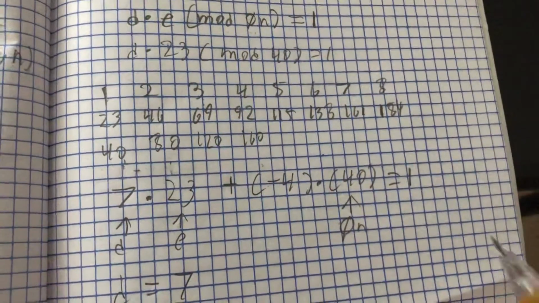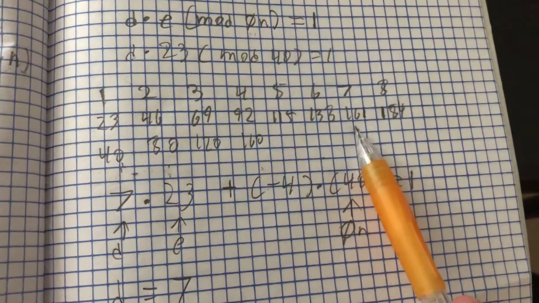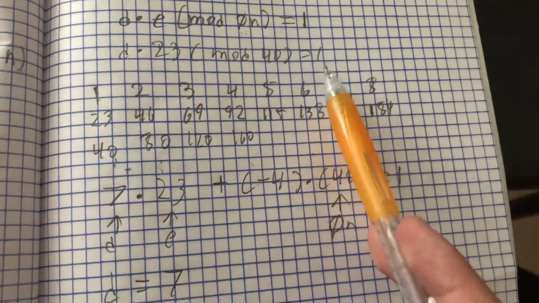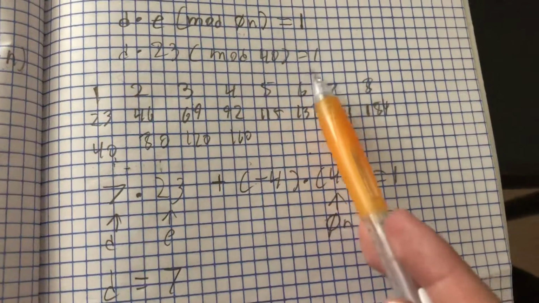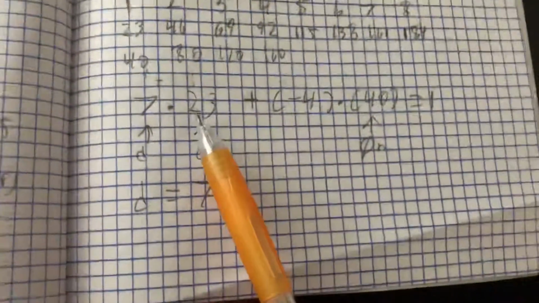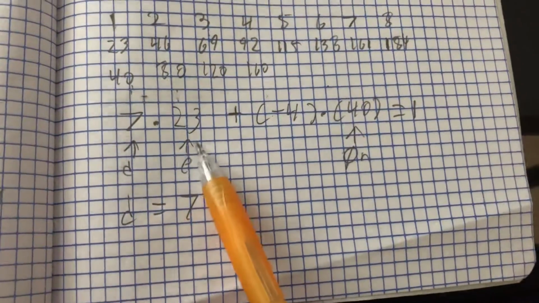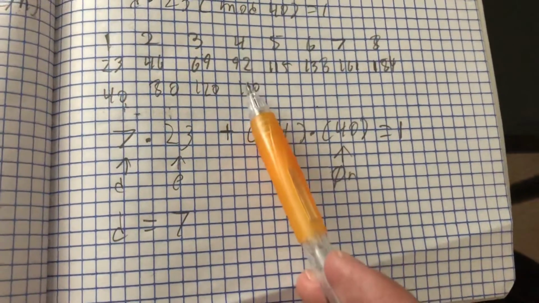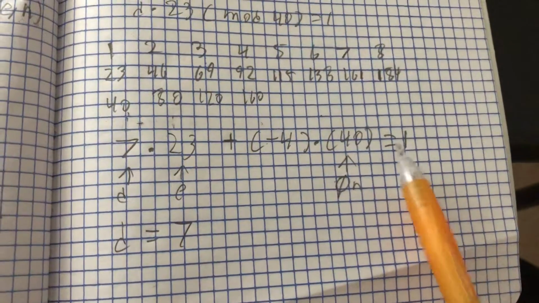And as you can see, the difference between 161 here and 160 is equal to 1, which is just what we want. So now we do 7 times 23 plus negative 4 times 40, equals 1.